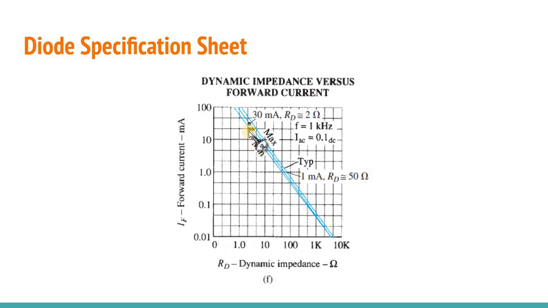But, when the dynamic impedance is 1 kilo ohm, the forward current is approximately equal to, let's say, kung ano siya diri, mga 70 milliamp. So, nagkataas siya.